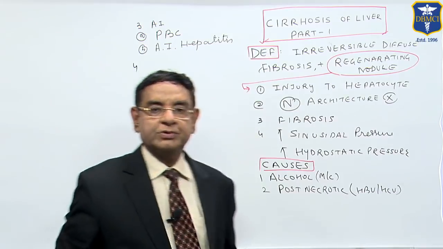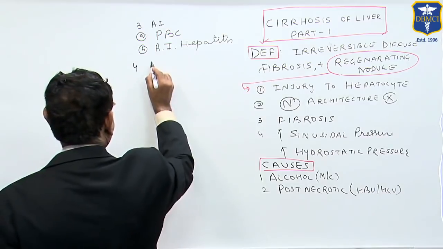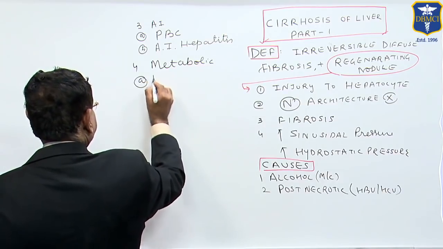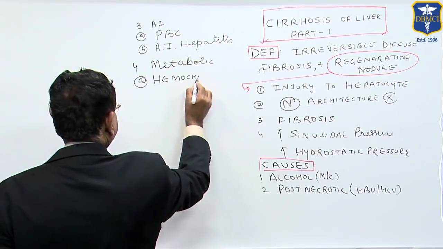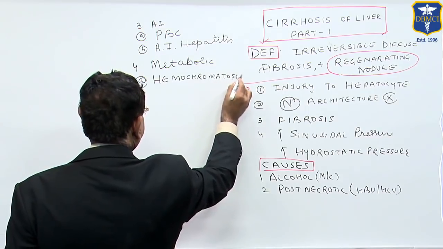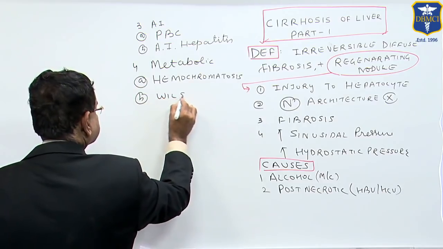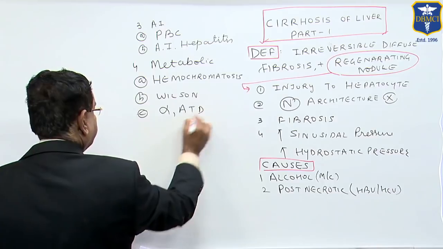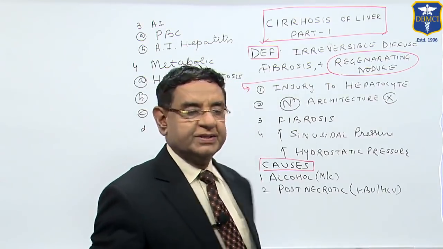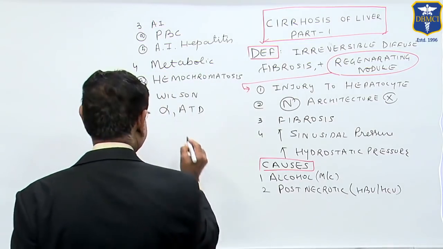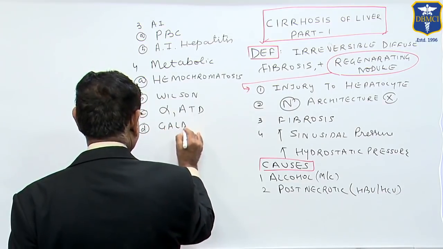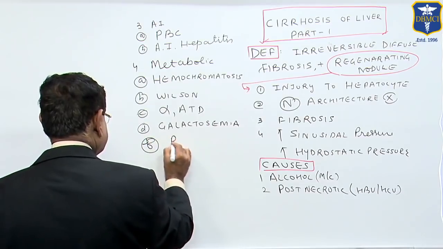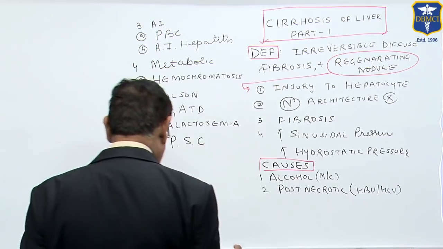It can also occur due to certain metabolic diseases like hemochromatosis, Wilson disease, alpha-1 antitrypsin deficiency, galactosemia, primary sclerosing cholangitis.